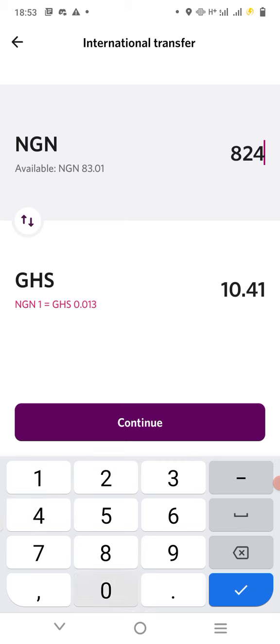So 824,000. So today is actually about 10,000 CDs. Though, okay, let's just put 800,000. So this is what you're supposed to get with 800,000 actually.